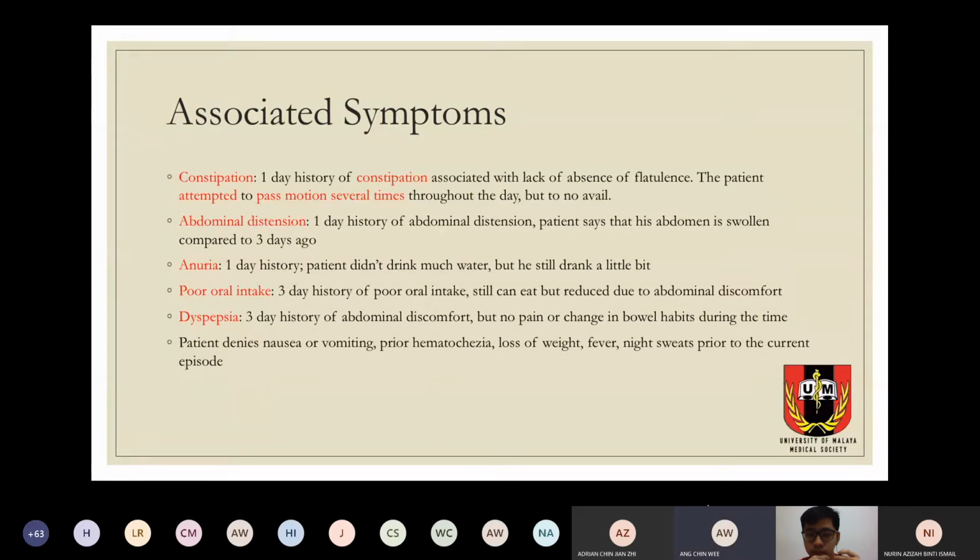Okay, don't be shy. Tang Jingwen said maybe you can focus on constipation and dyspepsia. Why do you think constipation is important in this case? And how do you define constipation? Do you know the true definition to label somebody as constipated?